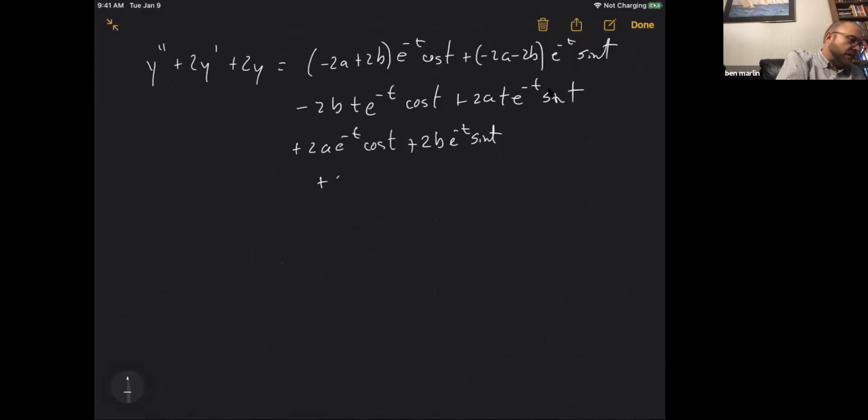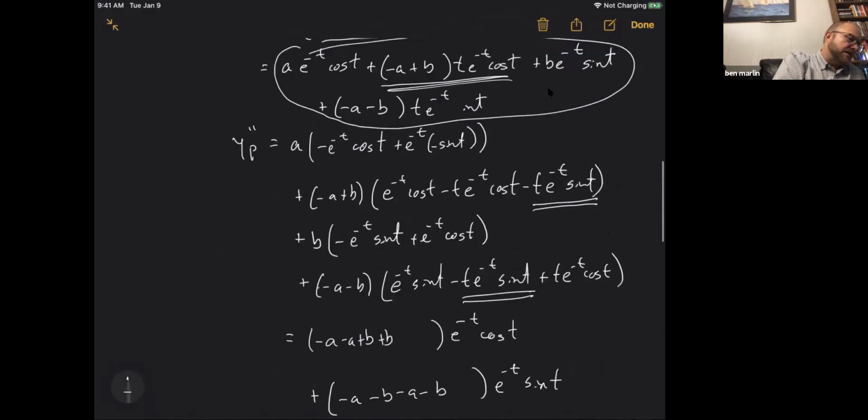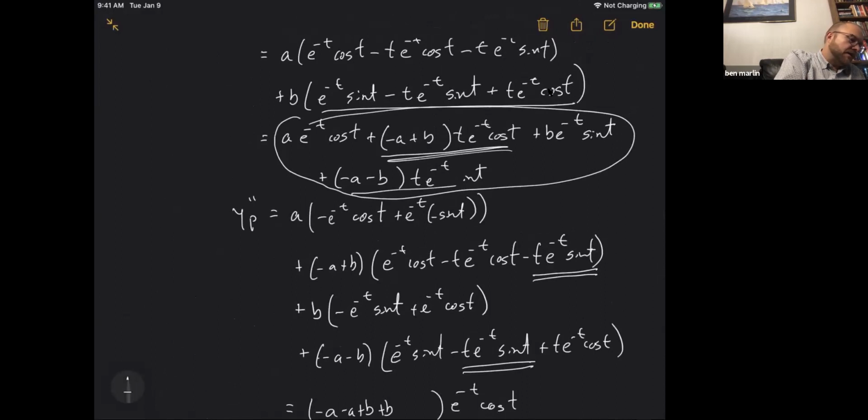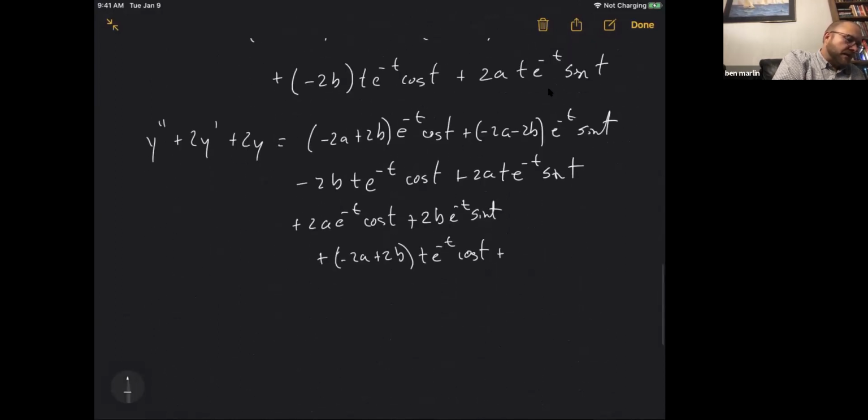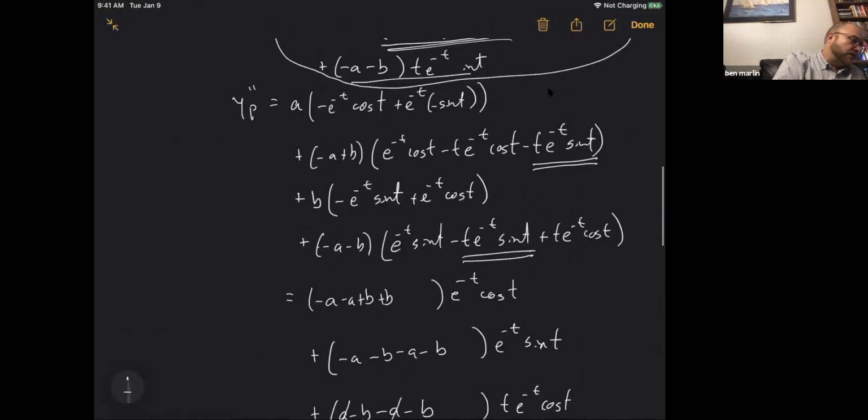So minus 2a plus 2b t e to the minus t cosine t plus, now we have to do 2 times the sine one. So that's going to be a minus 2a and a minus 2b. T e to the minus t sine t plus, now 2 times the original.